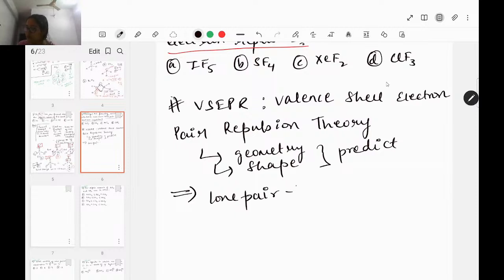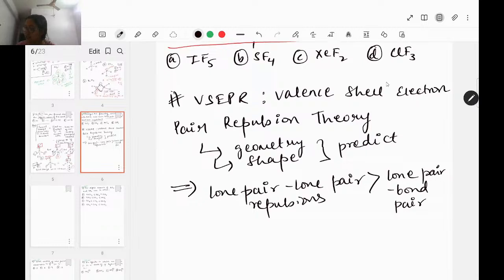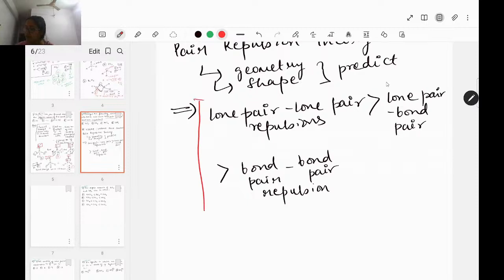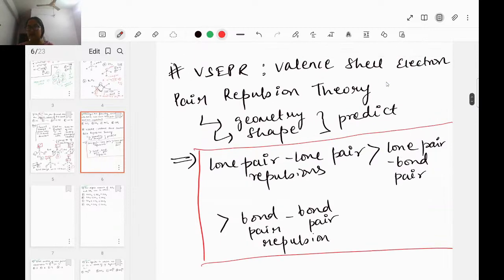Lone pair-lone pair repulsions are greater than lone pair-bond pair repulsions, which are again greater than bond pair-bond pair repulsions. Okay, so this is the main thing. So the VSEPR theory uses this postulate to predict the structures of different molecules.